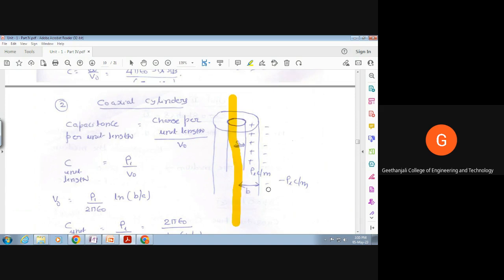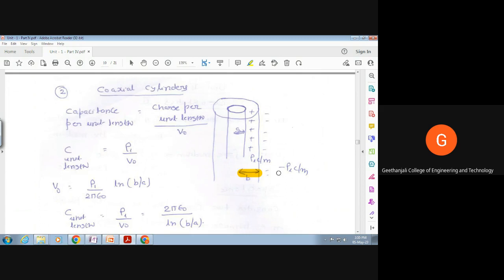Whatever charge is there on each of these coaxial conductors can be considered as a line charge. The inner cylindrical conductor, which has a radius of A, contains a positive line charge with a density plus rho L coulombs per meter, whereas the outer cylindrical conductor with radius B contains a negative line charge with a density minus rho L coulombs per meter.